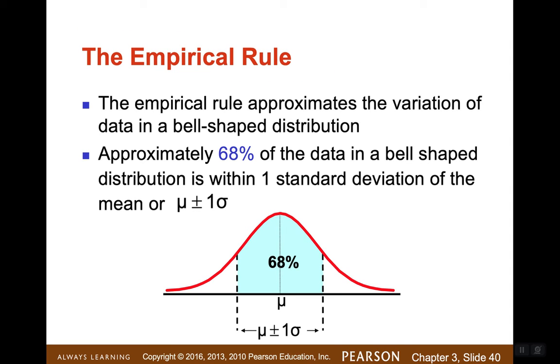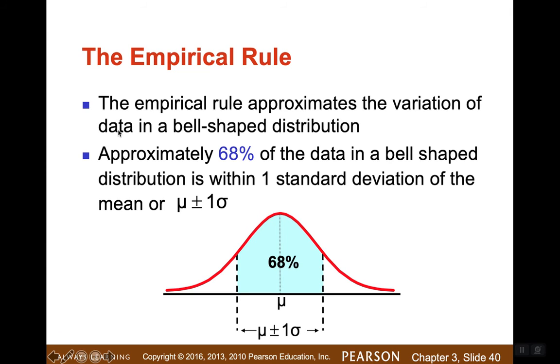This standard deviation is very useful because we can use it to do an empirical evaluation of our data. Say, for example, we have a bell-shaped distribution, a normal distribution around our mean.